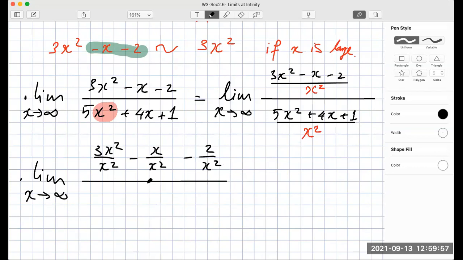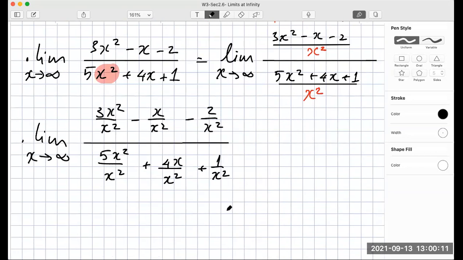Very good, thank you. And the denominator? Yes. This is fraction properties. So now it becomes a new thing.